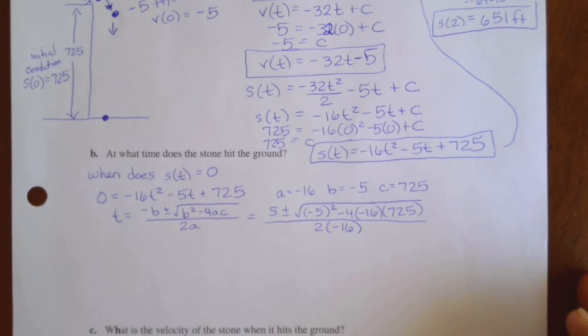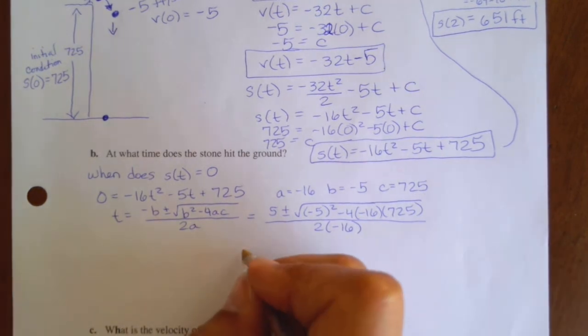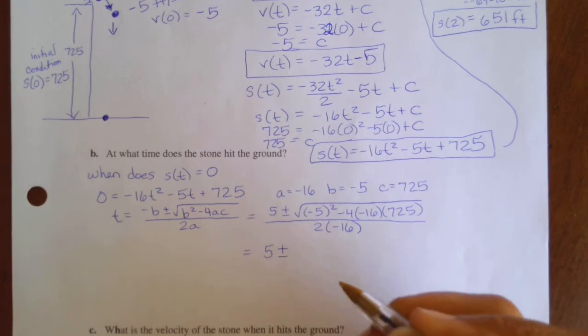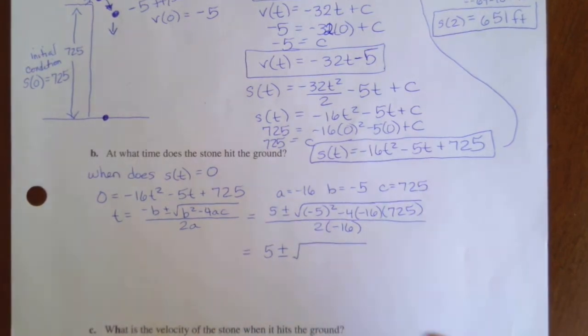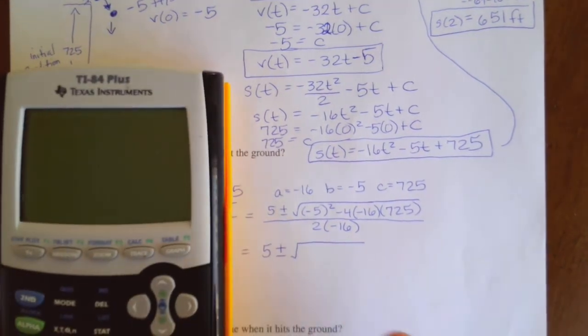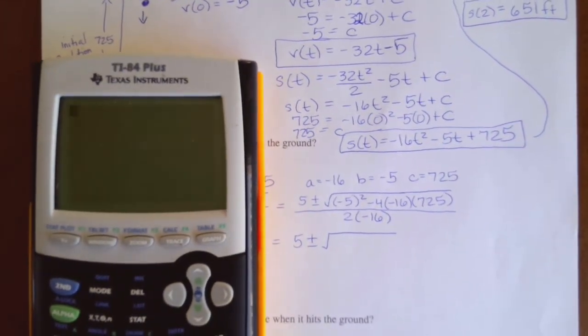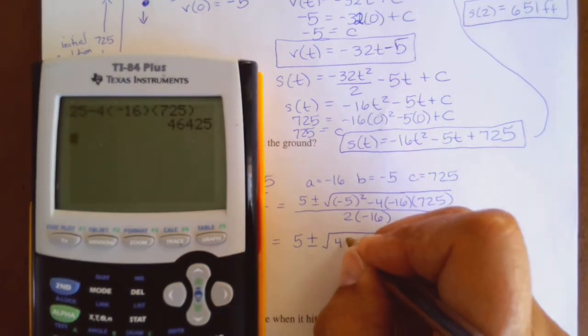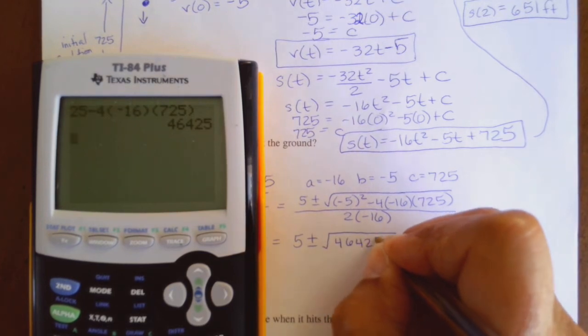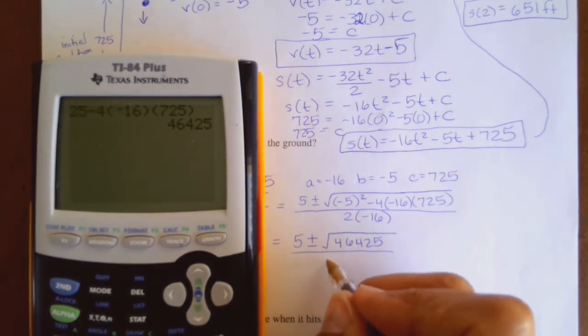That equals 5 plus or minus the radical part, which I'm putting in my calculator: 25 minus 4 times negative 16 times 725. The part underneath the radical is 46,425. And we're going to divide by negative 32.